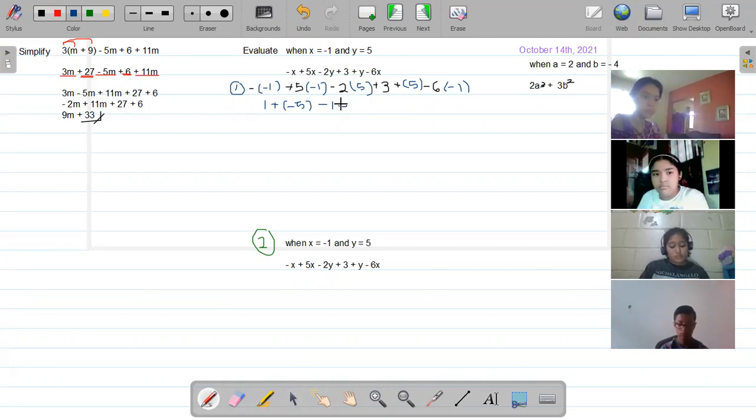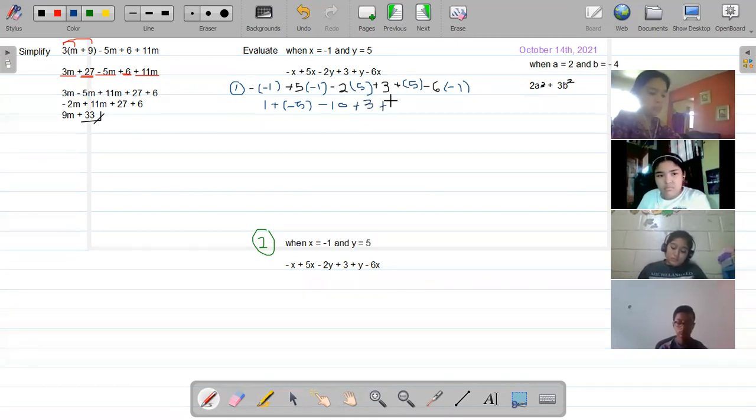Exactly, Valerie. Plus 3, because the 3 is not multiplying anything, plus 5, I can get rid of the parentheses because I don't need it.